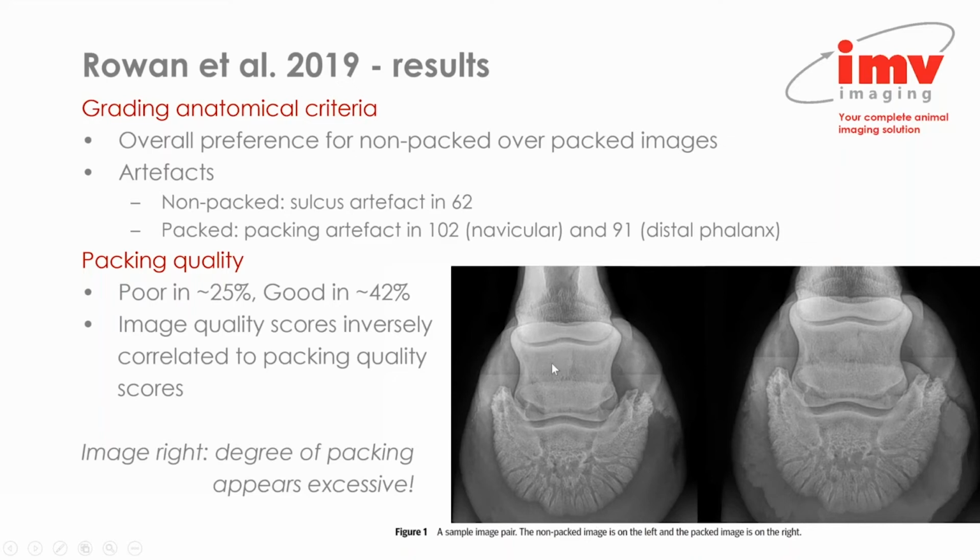So this is a non-packed radiograph, and this is the radiograph of the same foot but with packing, and we can see that they've used rather a lot of packing, and we can see quite easily what they mean by packing artifacts being present in some of these feet. And I would say that based upon this, this appears to be very extensive or excessive packing.